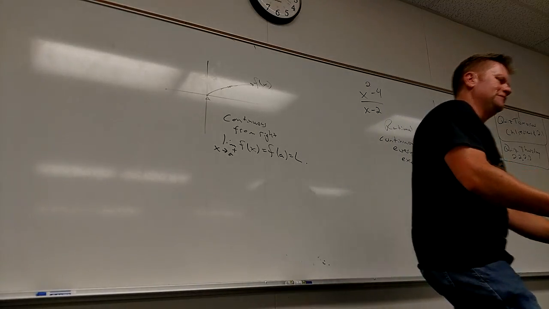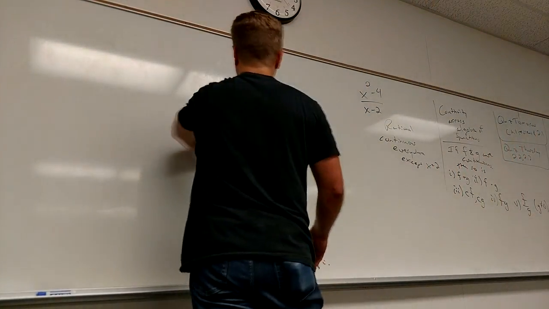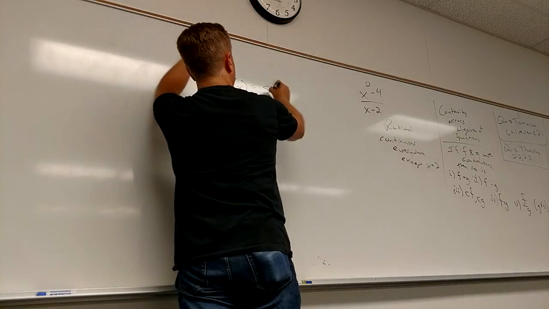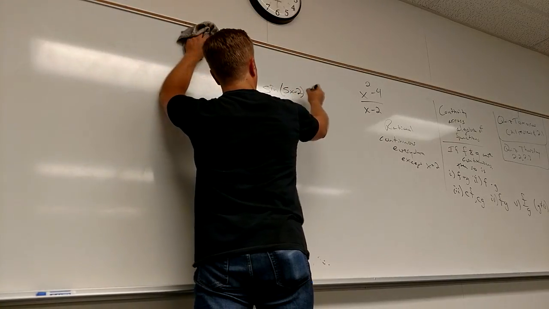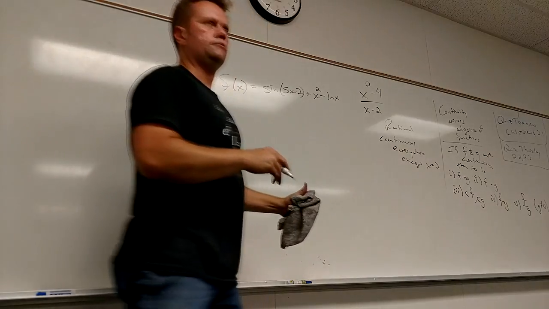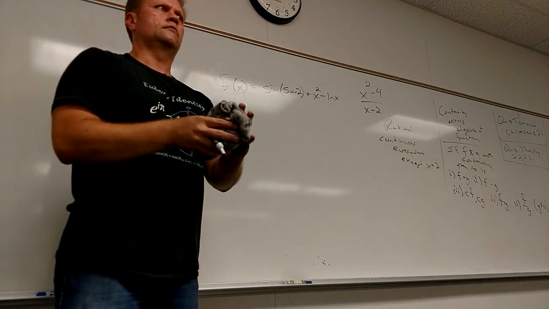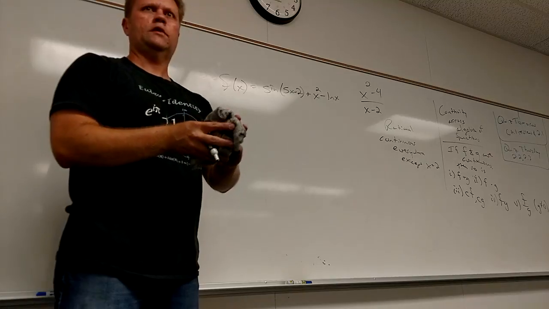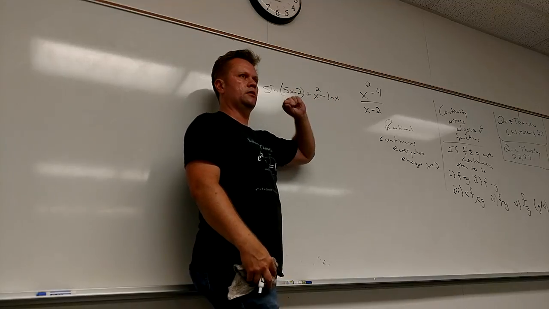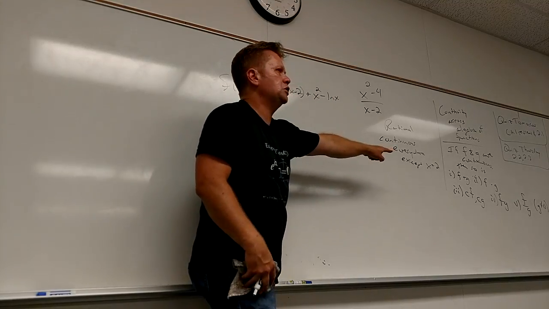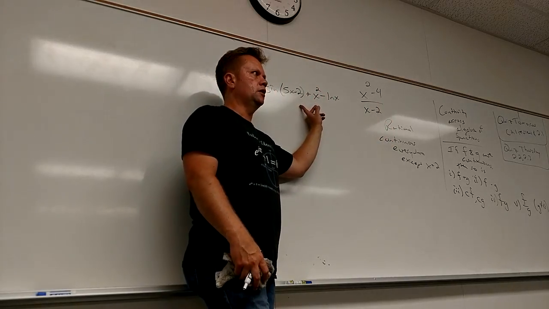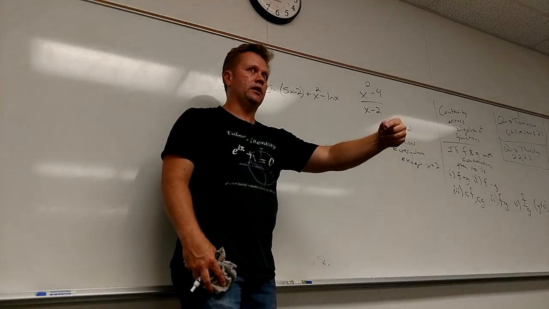So if I had this function, is this function continuous everywhere on its domain? Yes, because it's composed of trigonometric, polynomial, logarithmic functions. So any linear combination of continuous functions is still continuous on its domain.